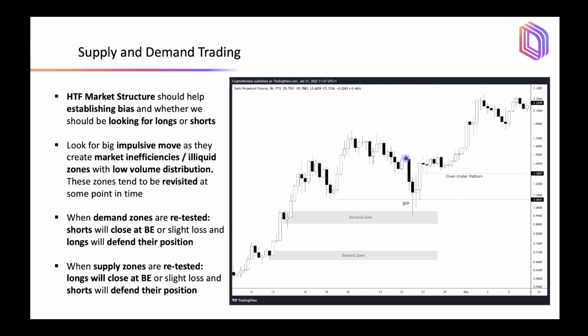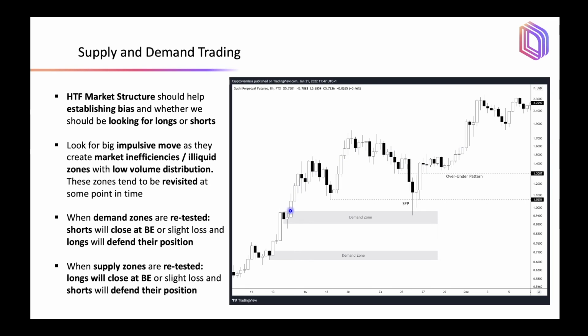We went down, we had a low here, we broke that low, did the SFP in the demand zone, reclaimed that level right here, and then this should be your entry. And again, same thing that we mentioned earlier, an SFP is always followed by a pullback, and that's when you should enter. In that case, this pullback is in line with an over-under pattern.